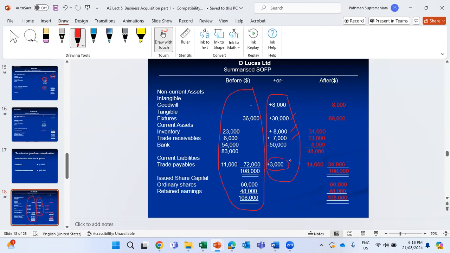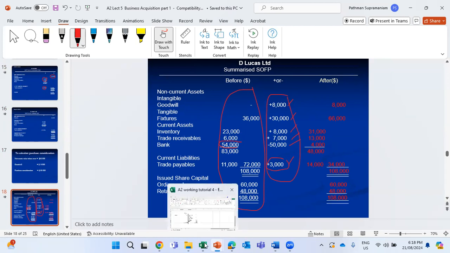Then the buyer pays by cash, 50,000. So 54,000, you need to minus 50,000. And then the goodwill was 8,000. Once you've done this, you just have to total up horizontally.